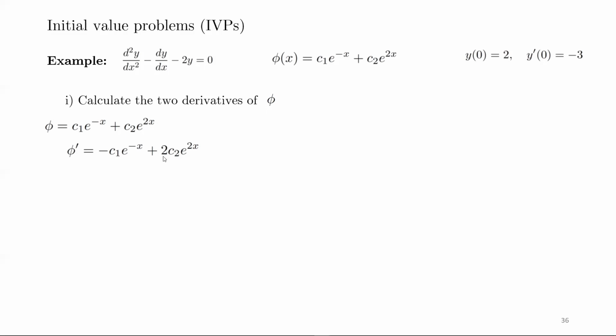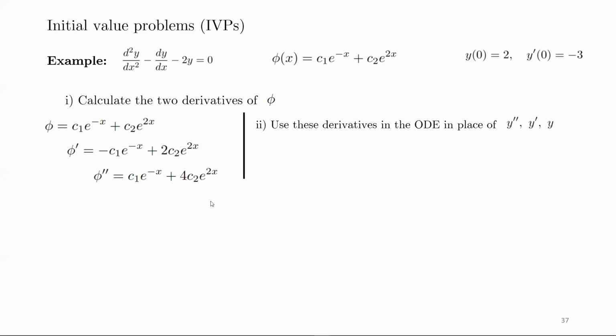The 2 here comes from the exponential 2x. And again, we can play the same game and take a second derivative. It's quite straightforward. And now we want to use these three functions, phi, phi prime, and phi double prime, in the original ODE.